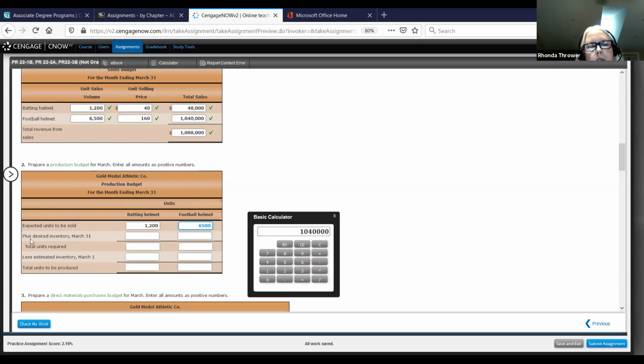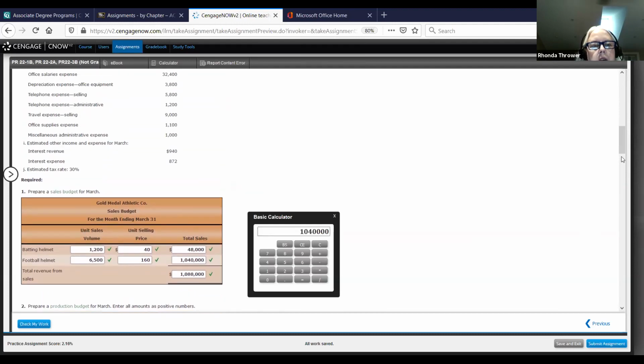So they tell you the amounts that they want here are for the desired ending inventory on March 31st. Now this ending inventory would be what they want as finished goods ending inventory for both of the helmets.